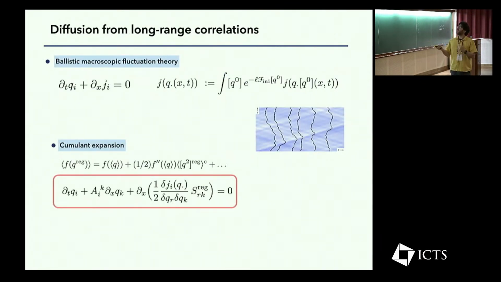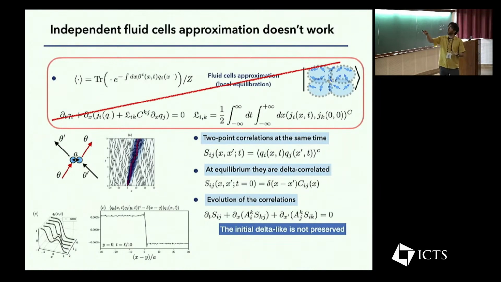And of course, if this is true, then you cannot do Kubo-like derivations anymore, you cannot derive hydrodynamics as you used to do.